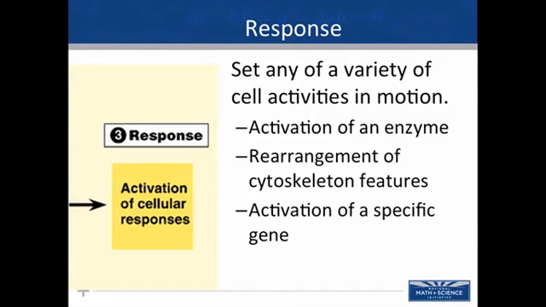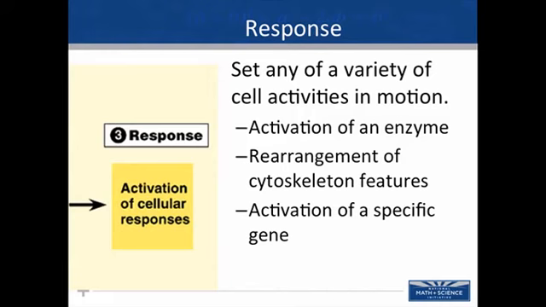It would be a set of cell activities. In the response stage, we're going to have an activation of cellular responses. It could end up resulting in a cell producing a particular enzyme, or there might be a rearrangement of the cytoskeletal features, like what would happen during a muscle contraction.